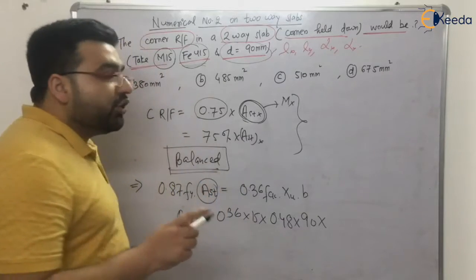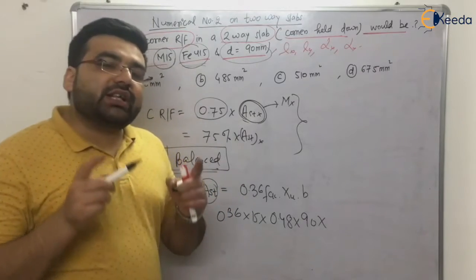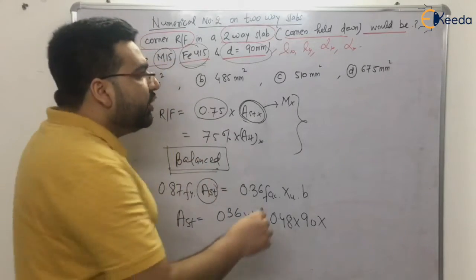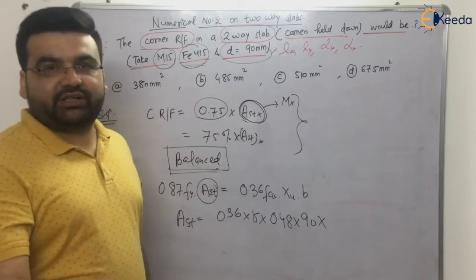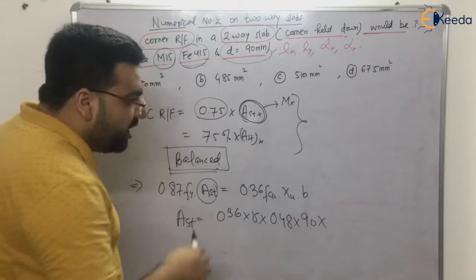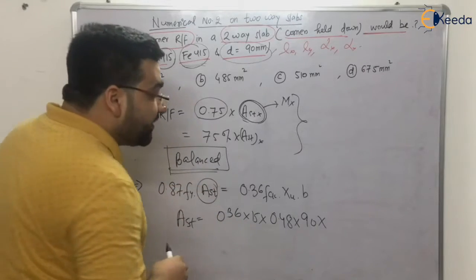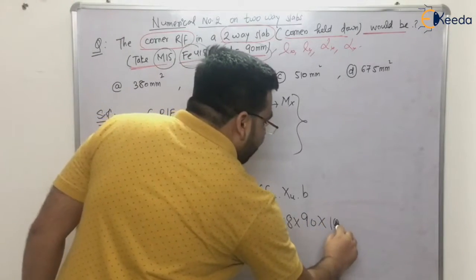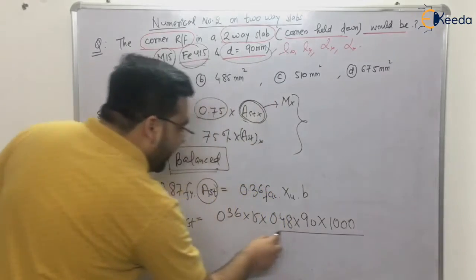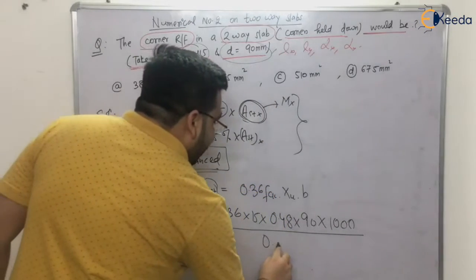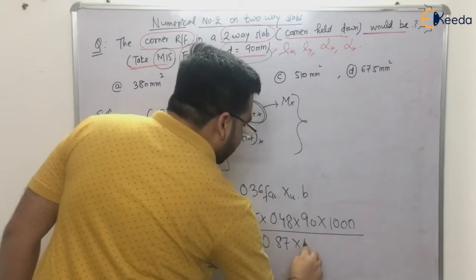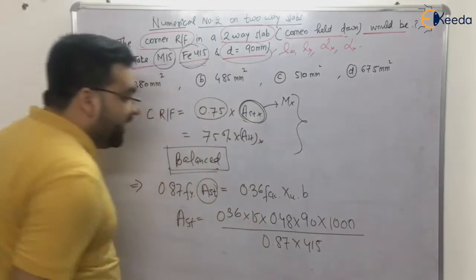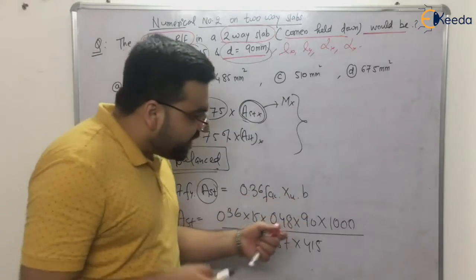B is not given to me. I told you that whenever you are designing a slab, you have to take a unit width, especially a 1 meter strip. If you are taking 1 meter width of a strip, then B will be 1000, simple, divided by 0.87 into Fy. Fy is 415 into 415.